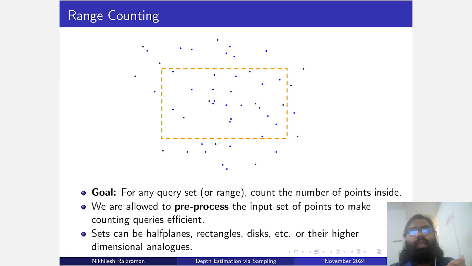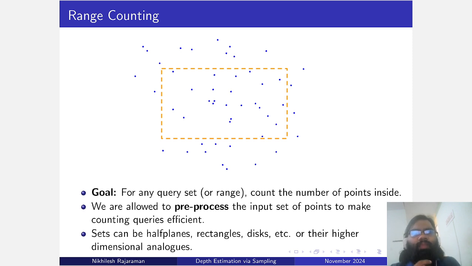However, suppose our query ranges are half planes instead, then it turns out, and we'll see this in more detail in a bit, that with linear space, it's impossible to achieve any kind of polylogarithmic query time. So in this sense, this half plane range counting problem is much harder to solve than the rectangle version.